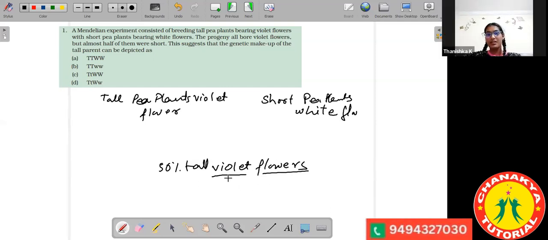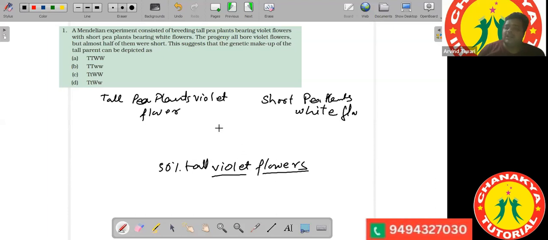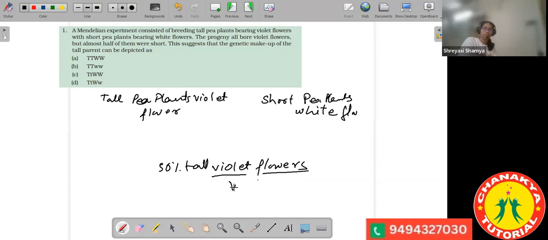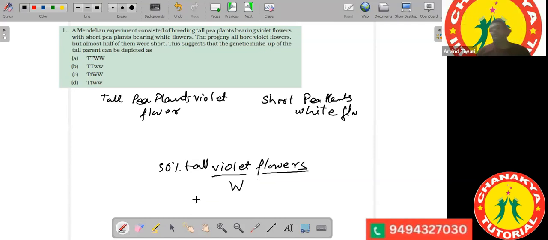Because it's the dominant trait, out of these violet is the dominant. So obviously, this will have some makeup like W and W. They have shown W, so we write it as capital W. So capital W and small w could be the makeup of all the flowers, or it can be capital W and capital W, but nowhere small w and small w.